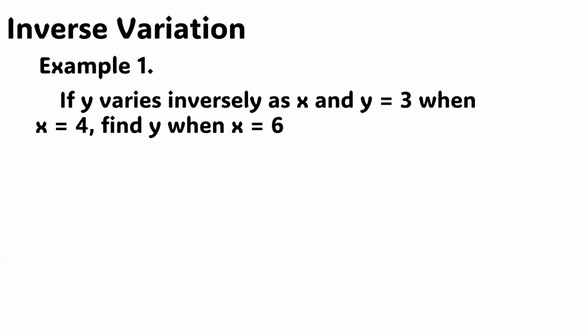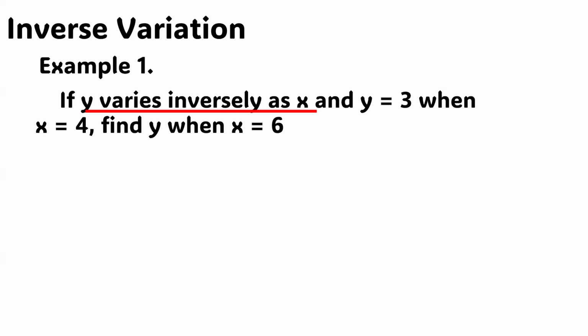If y varies inversely as x and y is equal to 3 when x is equal to 4, find y when x is equal to 6. So dito, ang titingnan lang natin dito, una, tatandaan ninyo, is to find the equation. So ano ba yung equation? So, ang unang equation dapat natin dyan, y varies inversely as x. Notice that y ang unang binanggit.